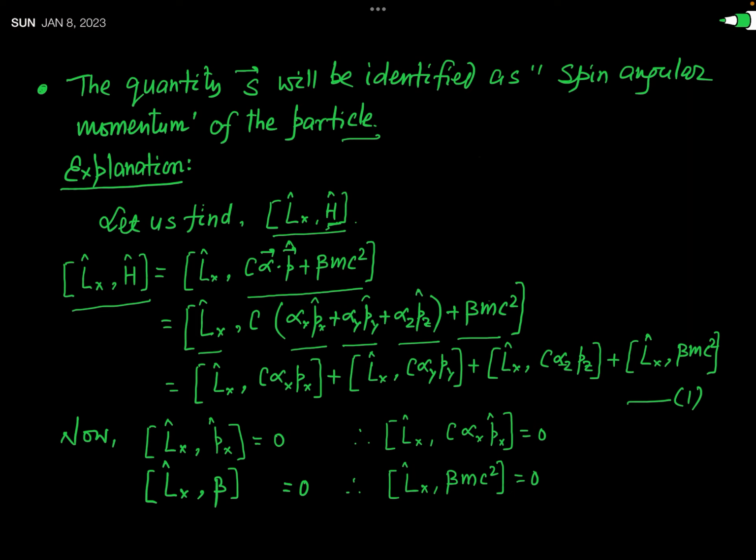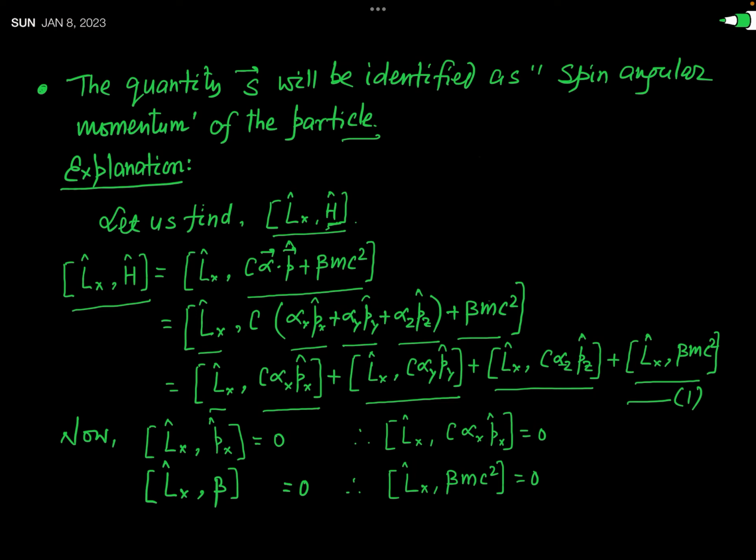Now, using the property of the commutator, this commutator can be written as the commutator of Lx hat with c alpha x px, plus the commutator of Lx hat and c alpha y py, plus the commutator of Lx hat and c alpha z pz, plus the commutator of Lx hat and beta mc squared.